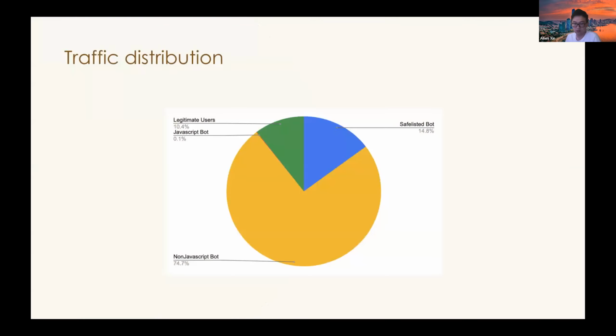With this offline job, we know the distribution of the traffic. Basically, 10% of requests are legitimate users, and 50% of them are good bots, such as Googlebot and Bingbot, and the rest, almost 75% of guest requests that are trying to access LinkedIn members' profiles, are bad actors.